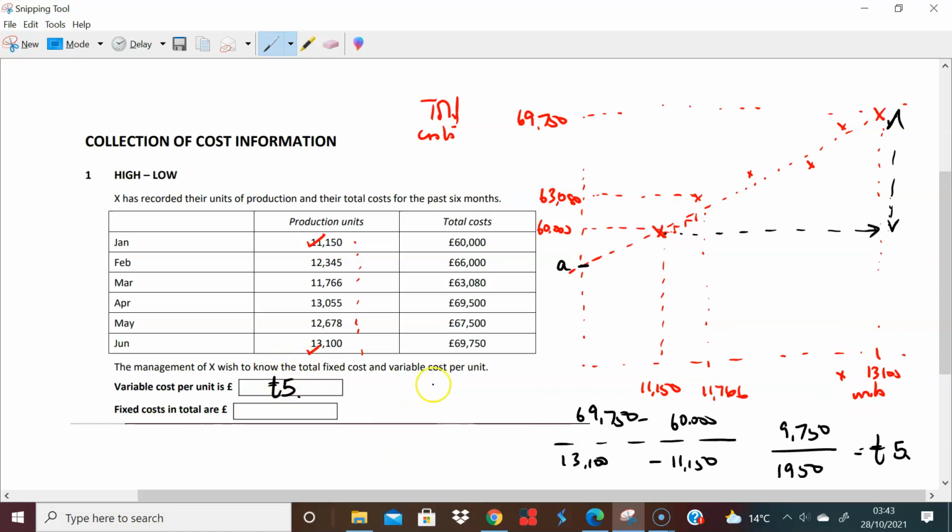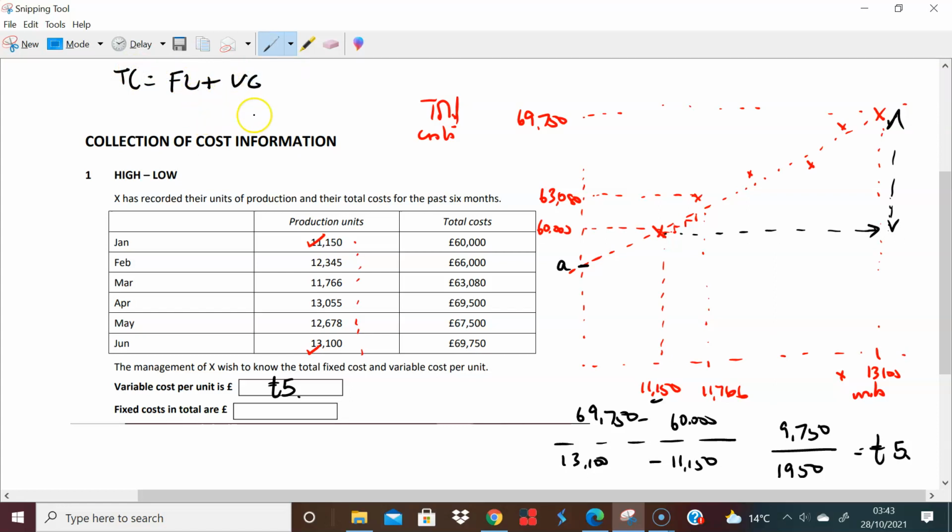So what I now need to do is come back and I can literally plug that in. I should pick either this one or this one, because they lie on that line. It's this line that's going to give me this fixed cost. Anything lying on this line will give me this fixed cost here. So I'll pick this one. I know that the total cost is equal to the fixed cost plus the total variable cost.